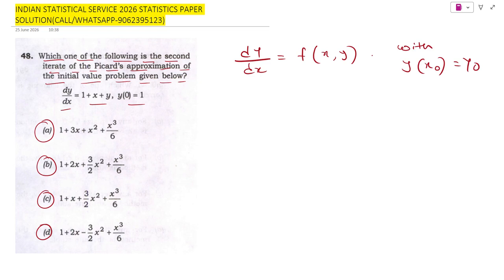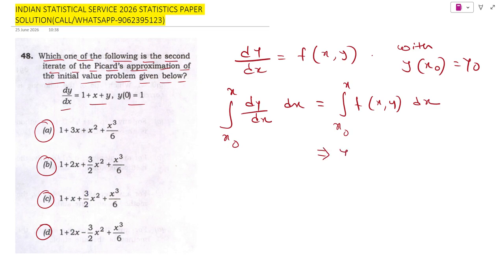if we integrate both sides with respect to x from the initial point x0 to an arbitrary point x, the fundamental theorem of calculus gives us the integral from x0 to x of dy/dx dx, which is equal to the integral from x0 to x of f(x, y) dx, that is y(x) minus y(x0).